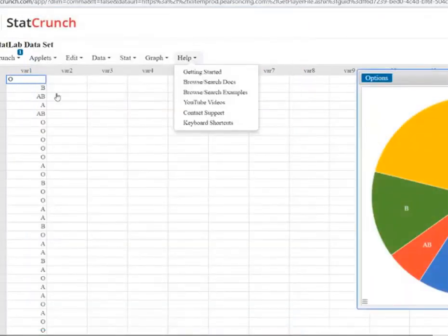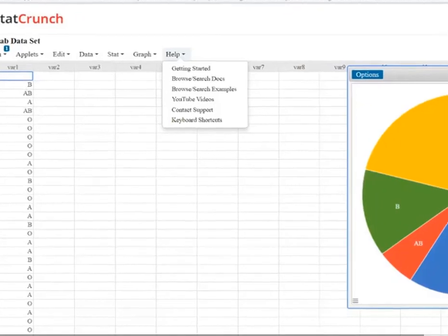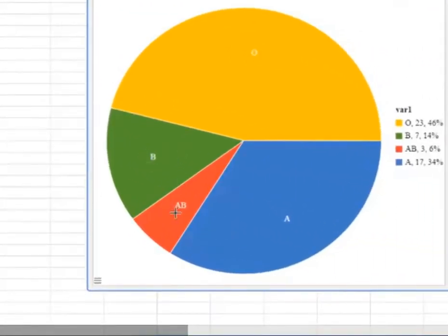In the list of data, O came first, then B, then AB, then A. So it went in the order that the data showed up in the worksheet. So you might be able to make your circle graph look more like the ones in the multiple choice options.